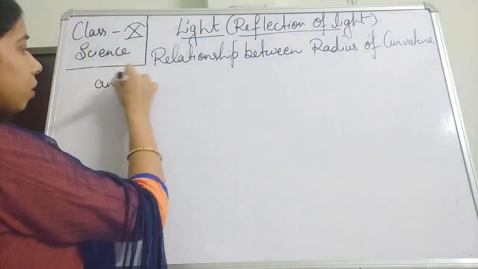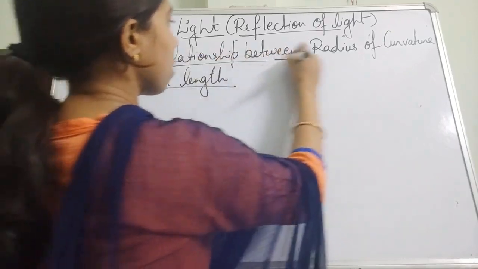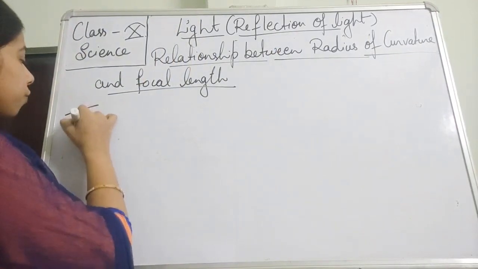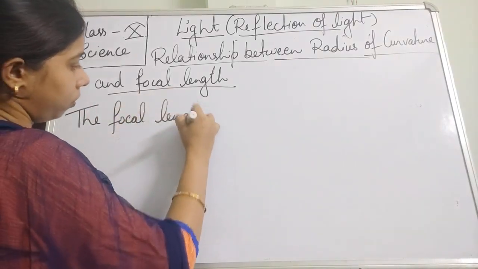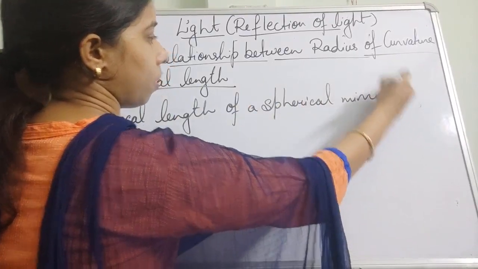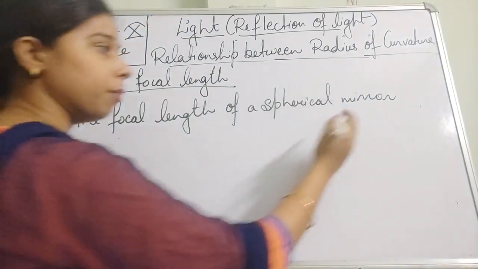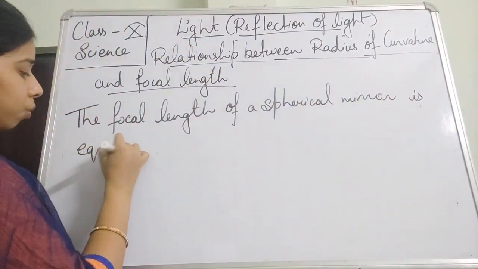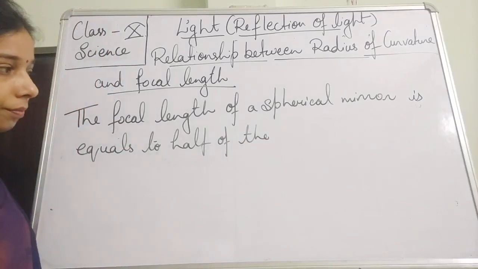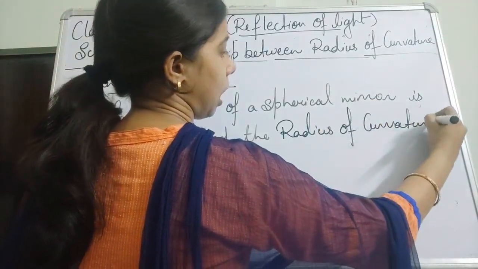The focal length of a spherical mirror, which can be anything, concave or convex, is equal to half of the radius of curvature.